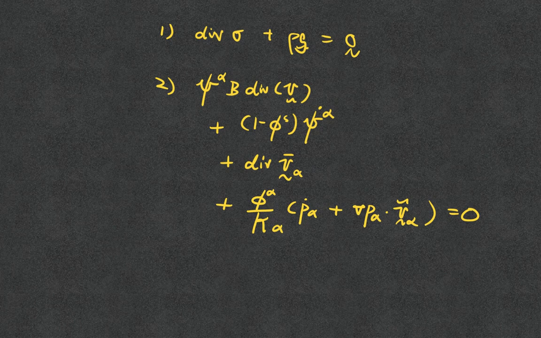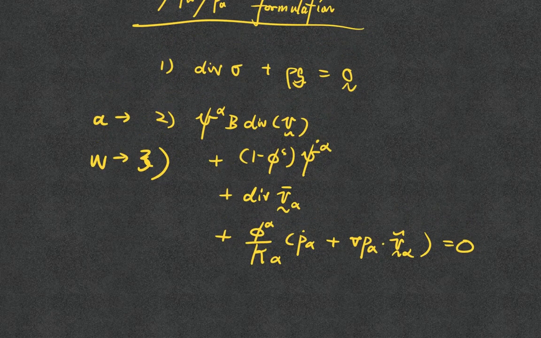Okay, all these terms together will give me equation 2 for the air and equation 3 for the water. But the form of equations 2 and 3 are identical. Okay, so far so good. This is the strong form statement after you add the boundary conditions.